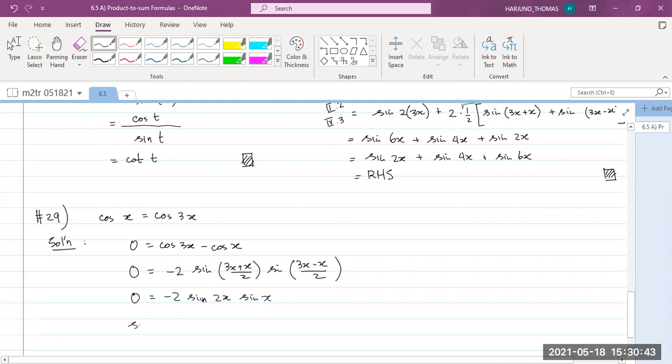So either sine 2x equals 0 or sine x equals 0.